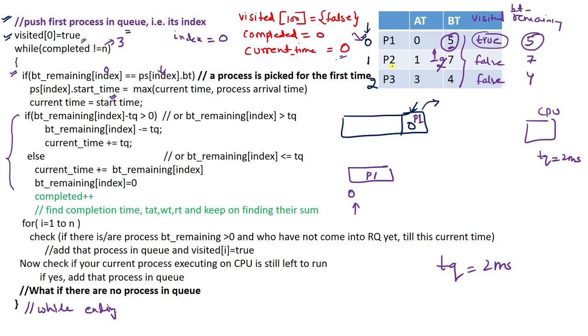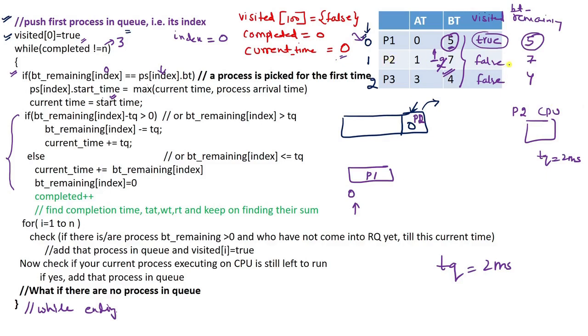If P2 has the burst time as 2 only, then P2 will come here and execute, and after that its remaining time will be 0, that is, it will not execute in the future because it needed 2 units and has completed 2 units. If P2 has the burst time as 1, P2 will come here and complete itself before the TQ amount of time, because its burst time is 1.